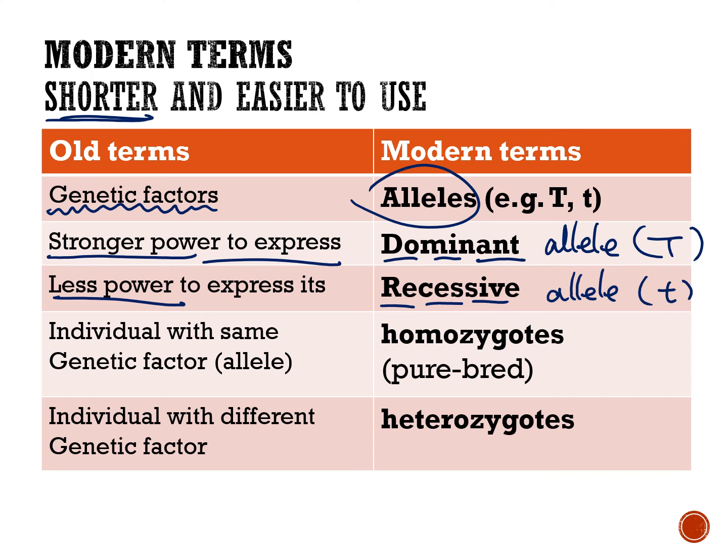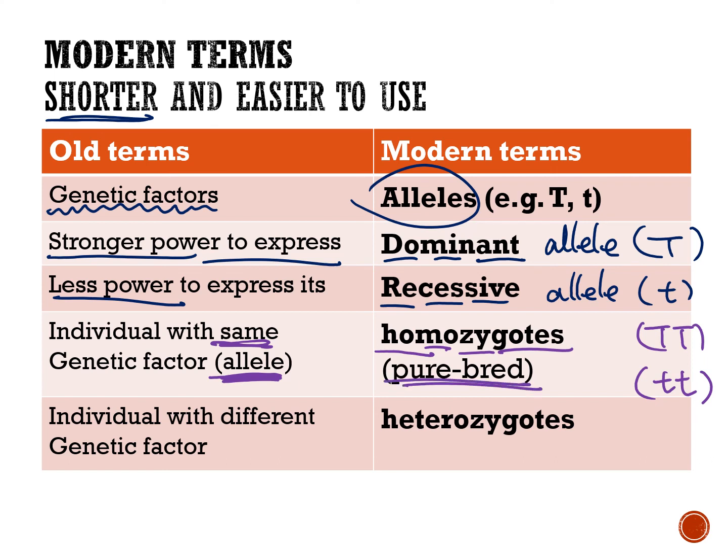For organisms that have the same allele in the body, such as big T, big T, or small t, small t, we call this homozygote. Zygote means fertilized egg. Homo means same. Same zygote, that means homozygote.